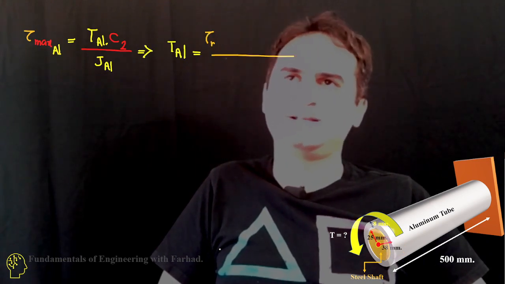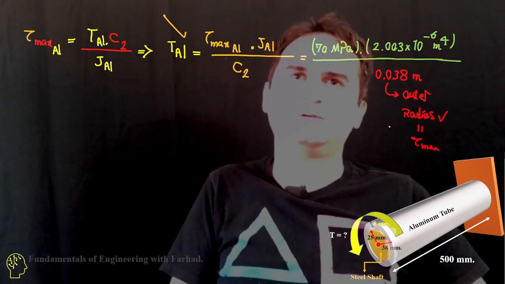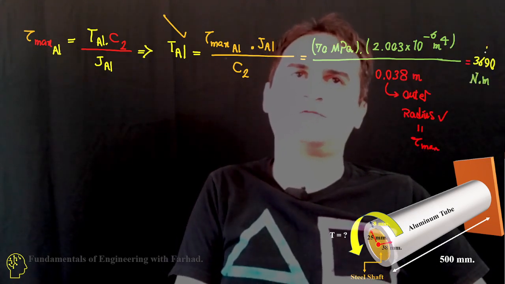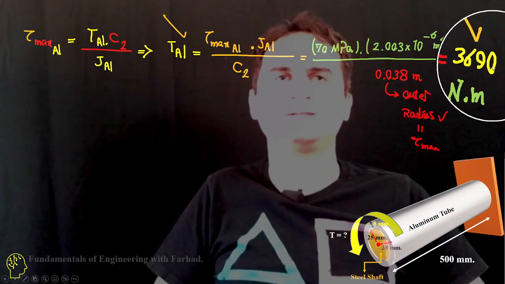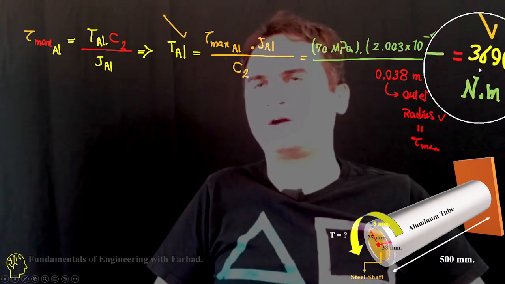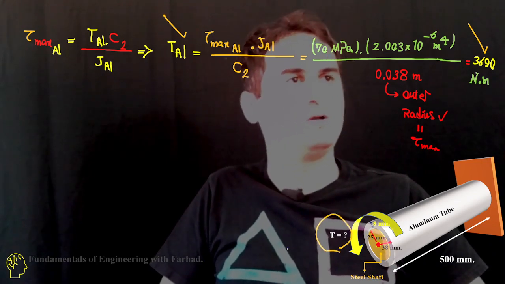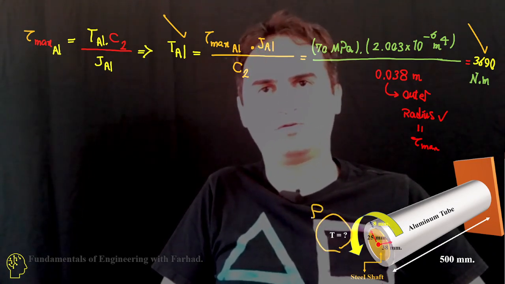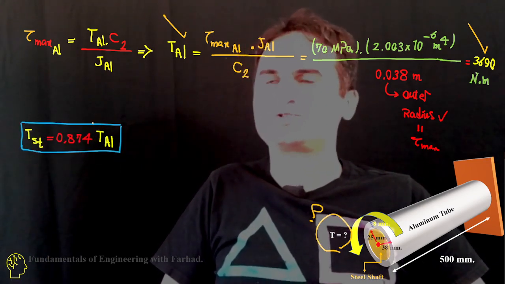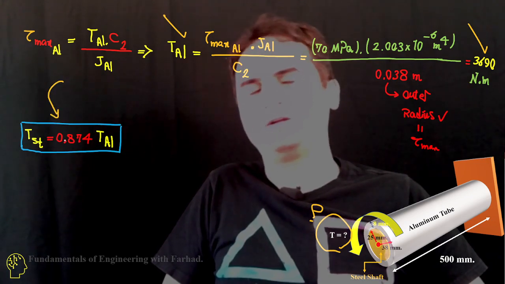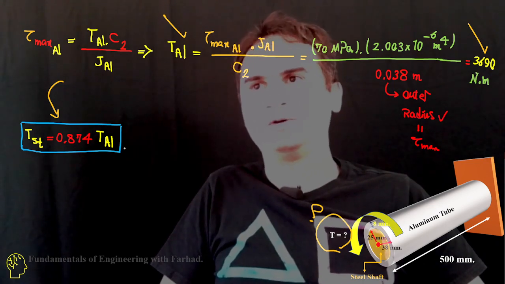If you replace that, it gives you a torque of aluminum of 3690 newton meters, for the unknown maximum allowable torque.